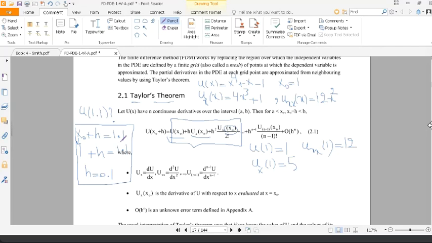And finally, we should replace all of them in the Taylor theorem. Please let me erase this part, and we have free space to write.